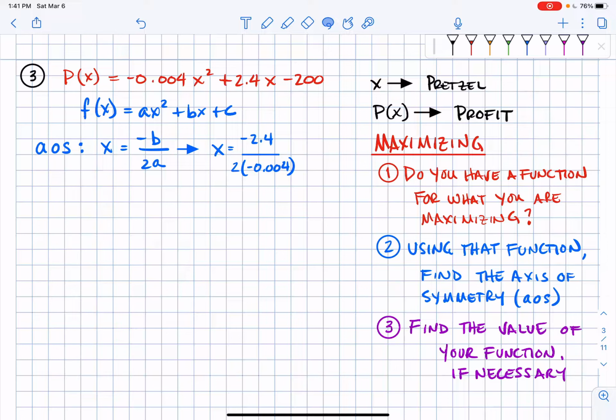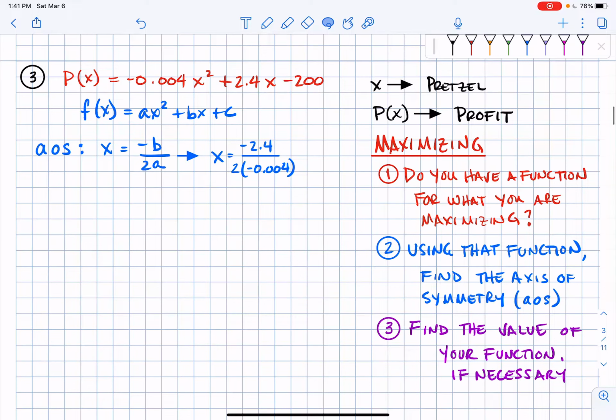All right, so I'll leave that there. There we go. All right. So what's that going to equal? Looks like that's going to equal 300.